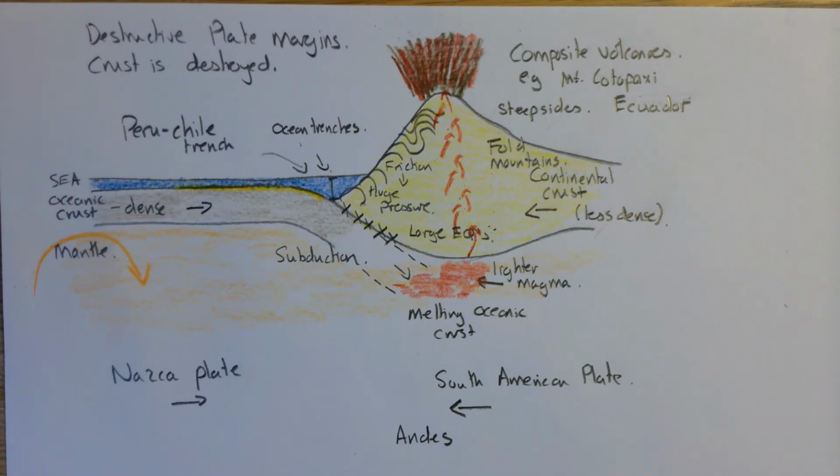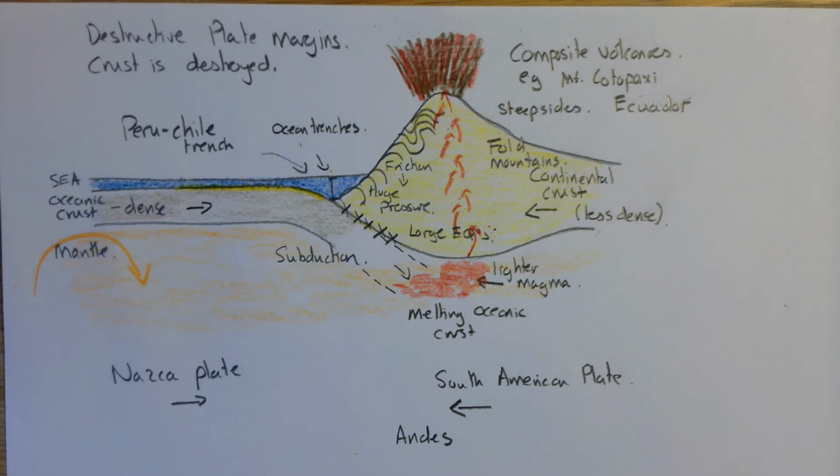Continuing on a bit further, what later happens to our oceanic crust as it subducts deeper into the mantle? That's right, it will melt. And that melted material, why does it start to rise up towards the surface? Good, because it's lighter or less dense than the surrounding mantle.